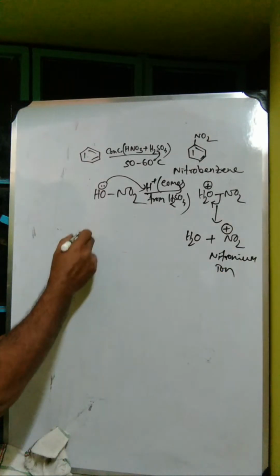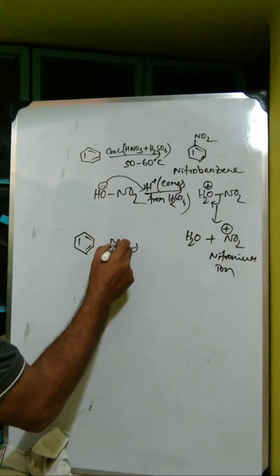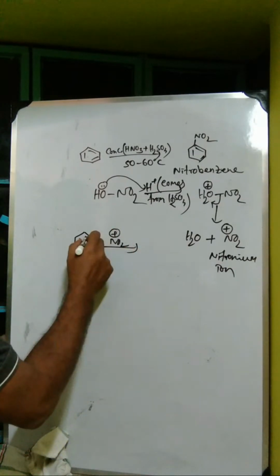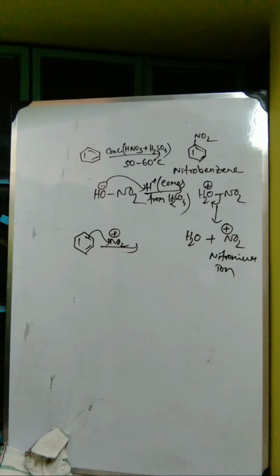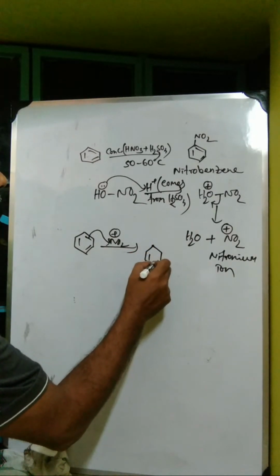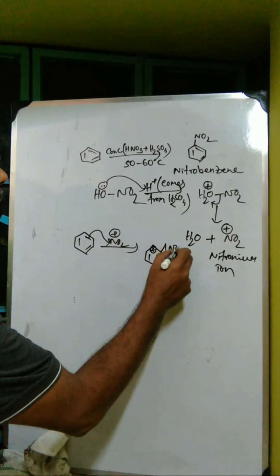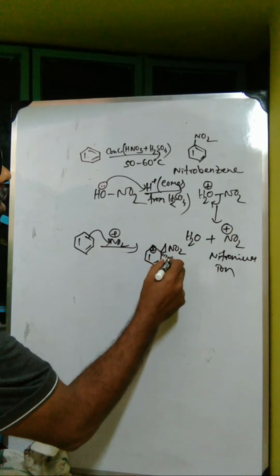Then benzene comes and reacts with the nitronium ion, which is the electrophile, to form nitrobenzene. The pi electrons attach to this nitronium ion, leaving this carbon with the positive charge. The NO2 goes above the plane, and the hydrogen remains below the plane.